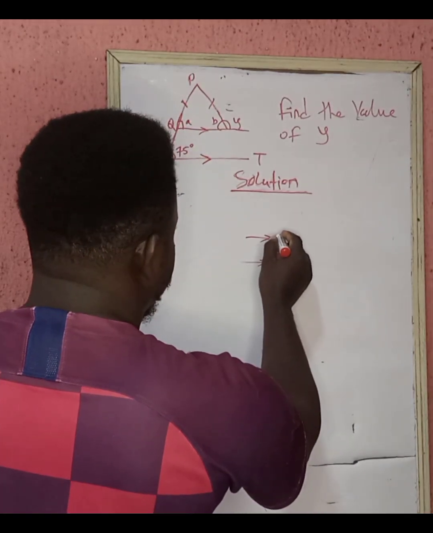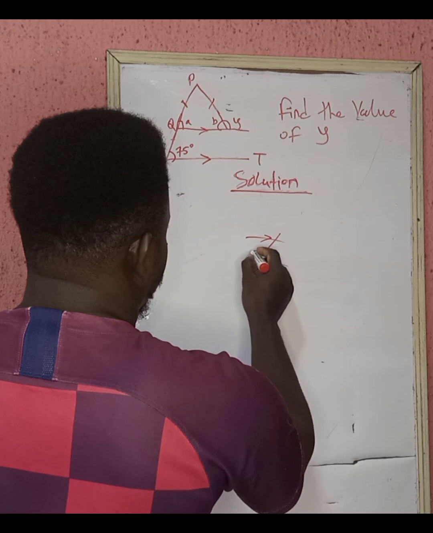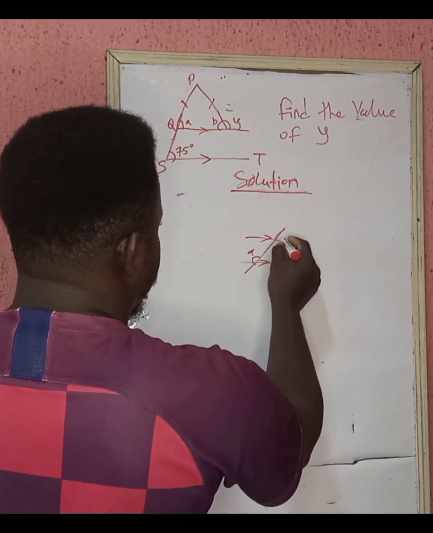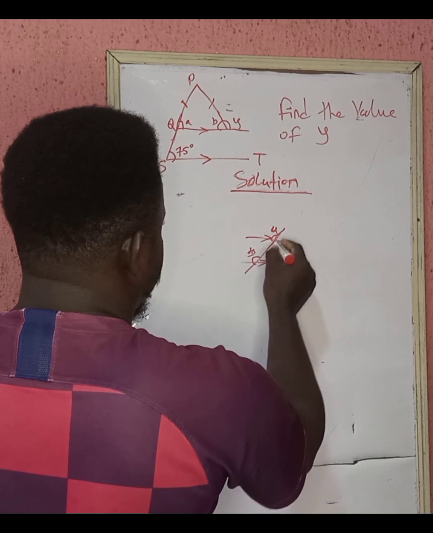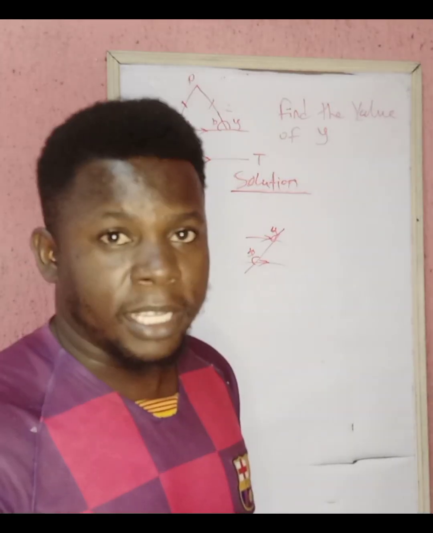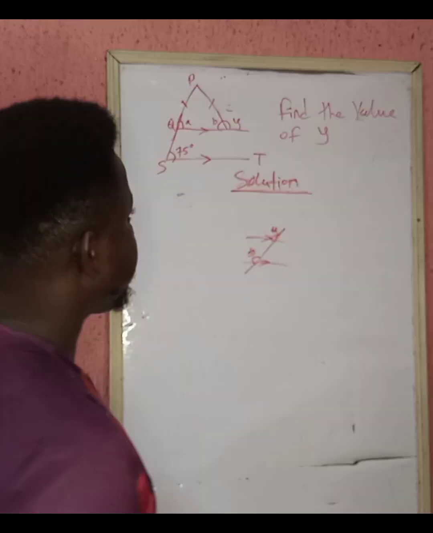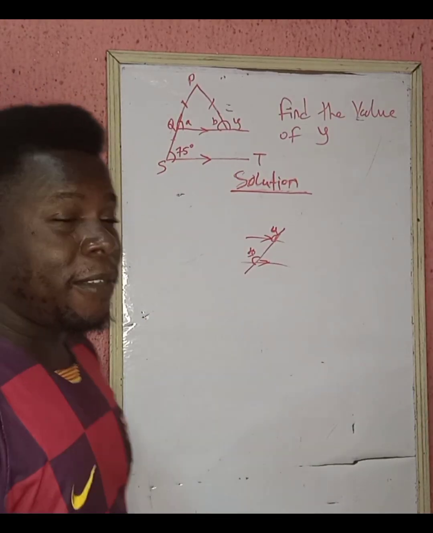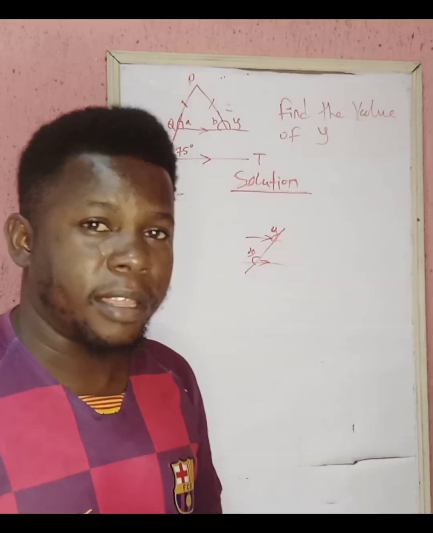Whatever you have here, if you decide to mark it like this, A, and here, maybe A, the value of here and the value of there will be the same, which is a corresponding angle. And if you watch very well, our 75-degree corresponds with angle A.